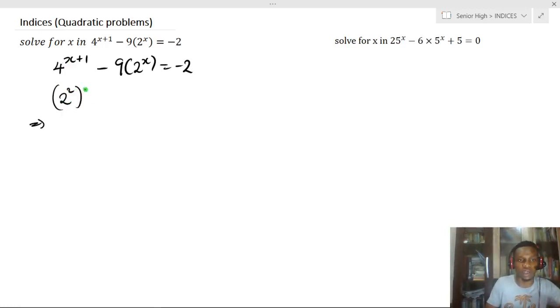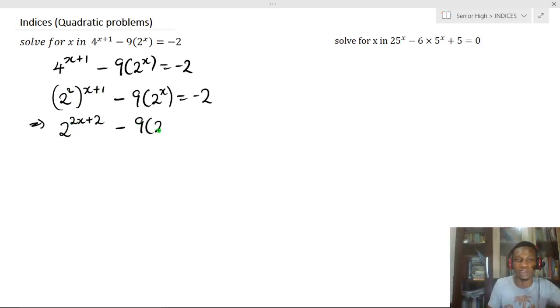So let's put it in a bracket. We have x plus 1, minus 9 bracket 2 raised to the power of x, is equal to minus 2. Opening this bracket, you remember in the product law in indices, everything inside the bracket multiplies everything outside the bracket. So that will be 2 raised to the power of 2 multiplying everything, that will be 2x plus 2. That's how we know it was 2. Minus 9 bracket 2 raised to the power of x is equal to minus 2.